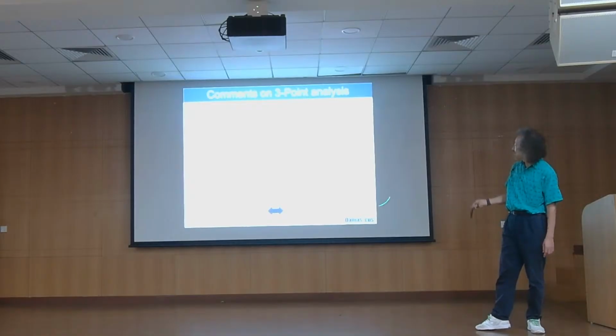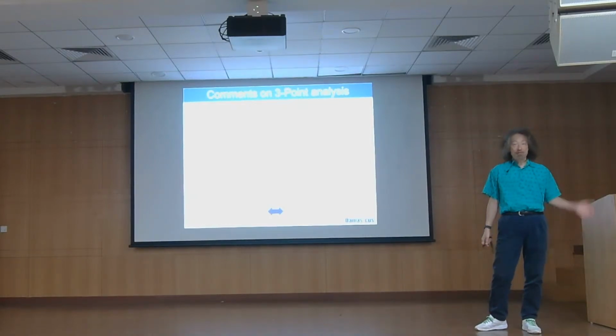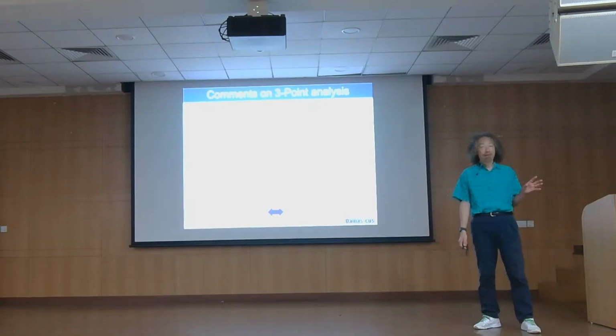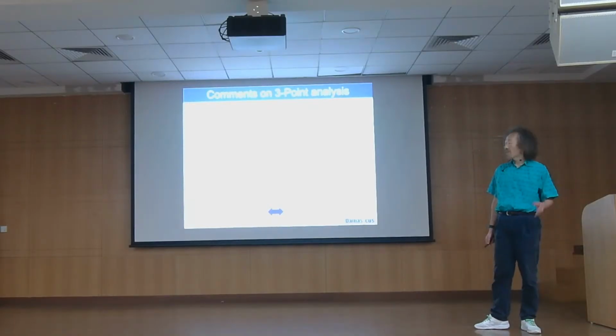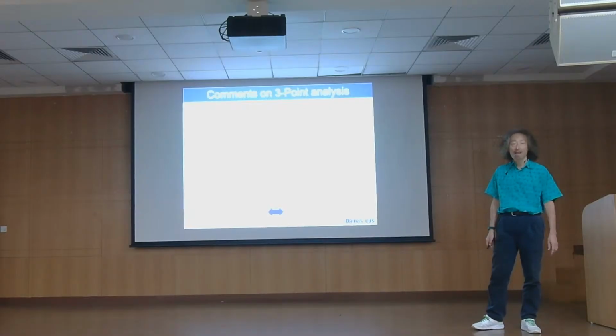These are comments on the 3-point analysis. It is not a simple one-way or one-time process. Once you have done it, it's not the end at all. So you are encouraged to do it again and again. So it's actually a spiral process to improve 3 points one after another.